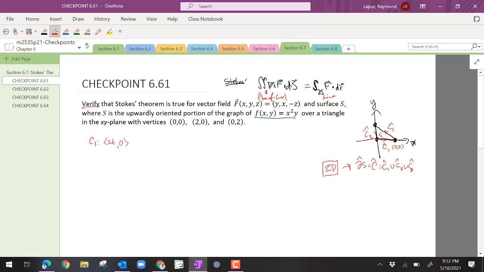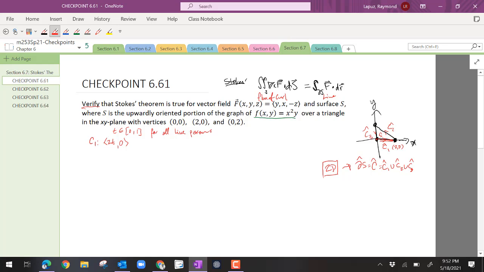So whenever we do an equation of a line, we're always going to go from 0 to 1. So if this is 2t, then when t is equal to 0, this is 0, 0. When t is equal to 1, this is 2, 0. And that's exactly where you want to be. And let's just put t going from 0 to 1 for all line parameterizations.